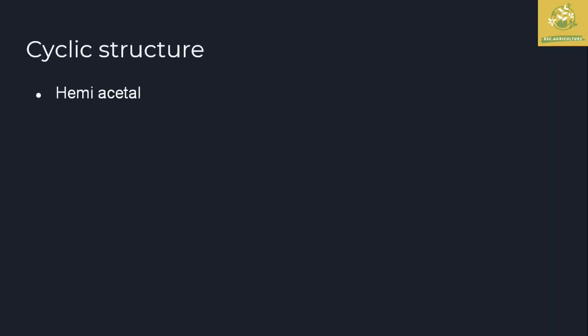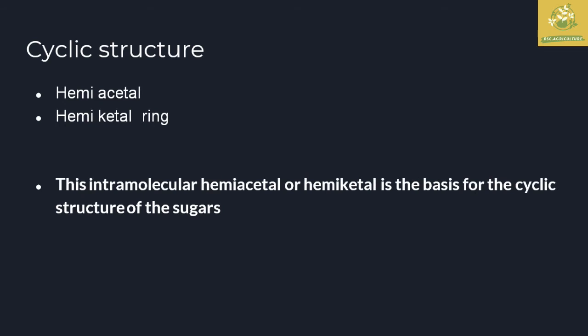So what is the cyclic structure? Cyclic structure may be of two types, which is hemiacetal ring or hemiketal ring. The intramolecular formation of hemiacetal or hemiketal is the basis of the cyclic structure of the sugars found in carbohydrates.